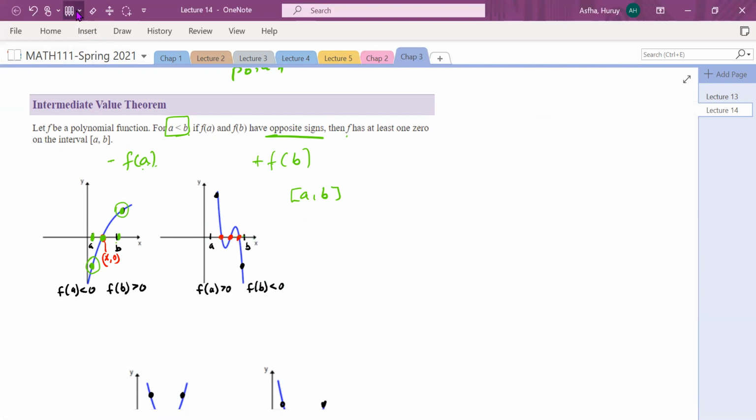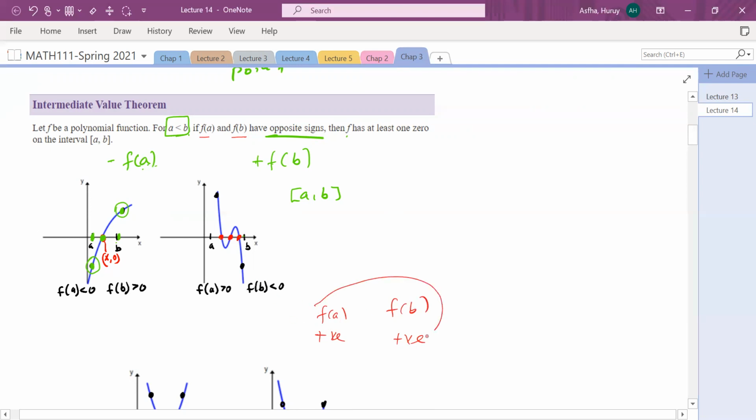Now, how about the other way? If we have, let's say, a is less than b, but f of a and f of b have the same sign, let's say both of them are positive, this is f of a and f of b. If this is the case, then this is inconclusive. Sometimes they may have a zero, sometimes they may not.